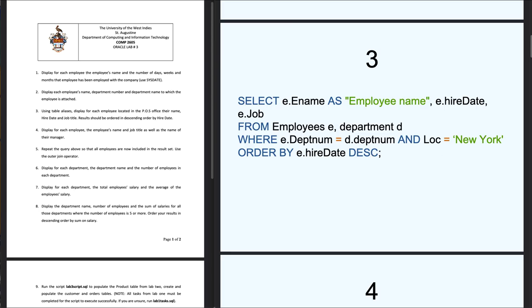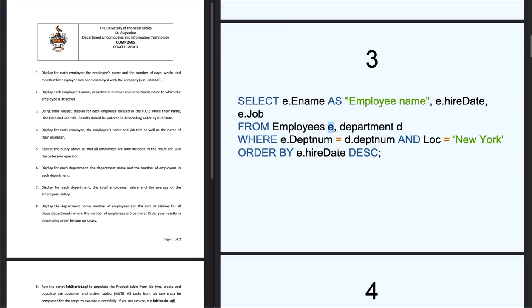So the question says Portsmouth office, but based on the standard schemas, this will refer to New York. You just need to adjust the data to suit the location that you're looking for. So the table aliases E and D, we would recognize these right after the table names being referenced.